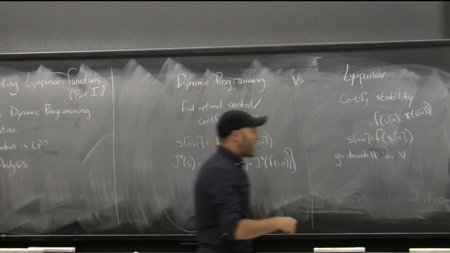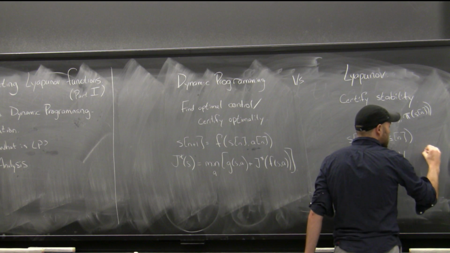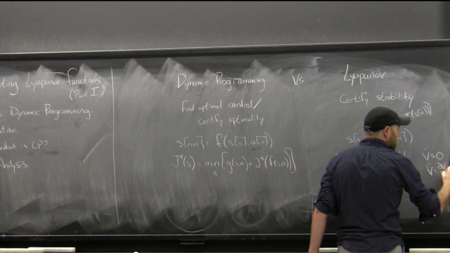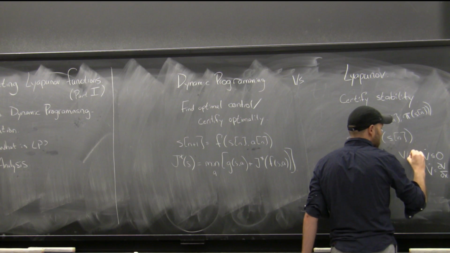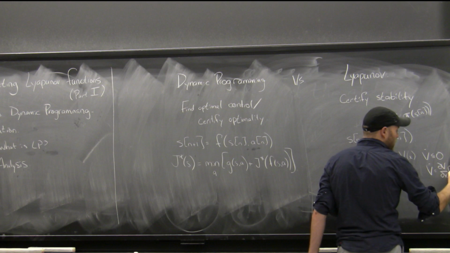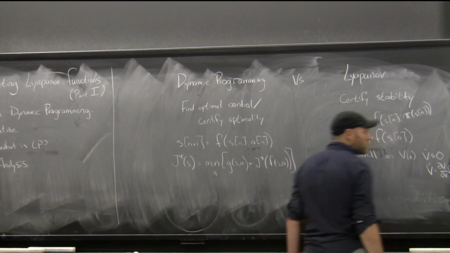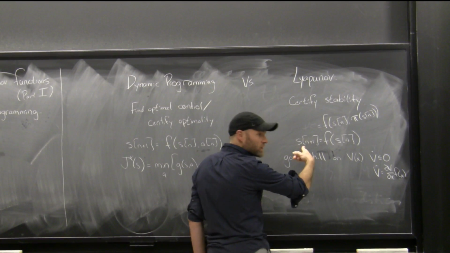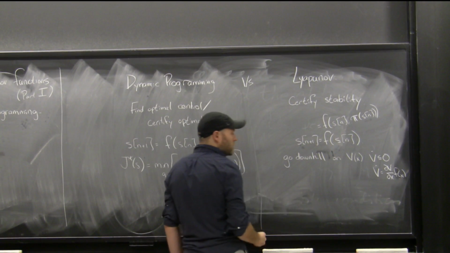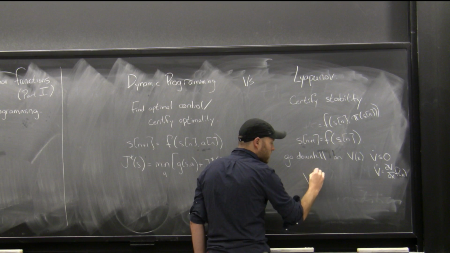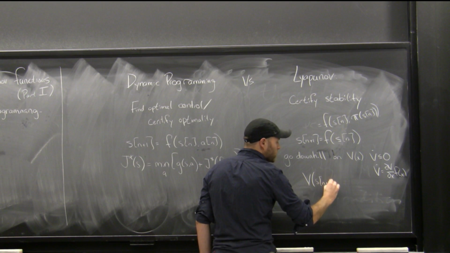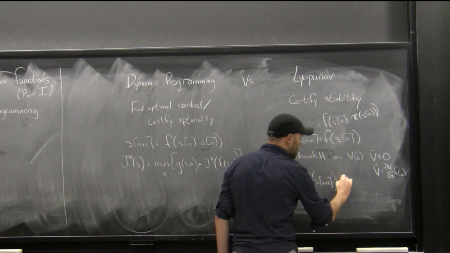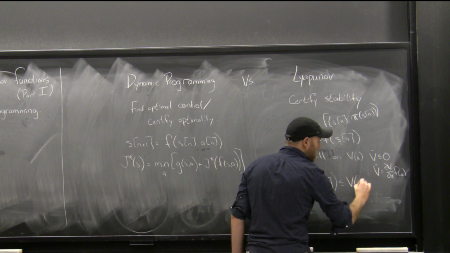So in the continuous time, I said that V dot should be less than or equal to 0, where V dot was partial V, partial X times x dot. This is what I wrote last time. So what is the analog in discrete state actions, everything? You just want to say that V of Sn plus 1 had better be less than V at Sn.